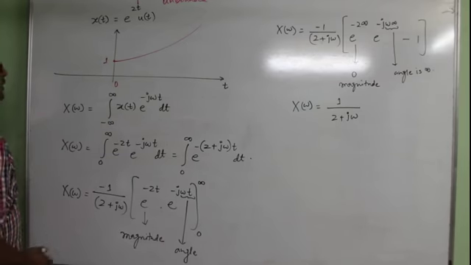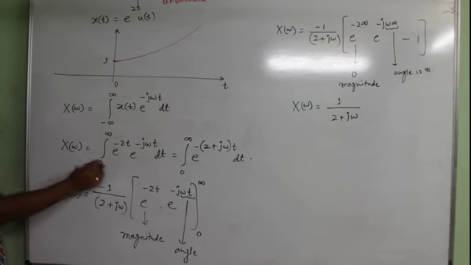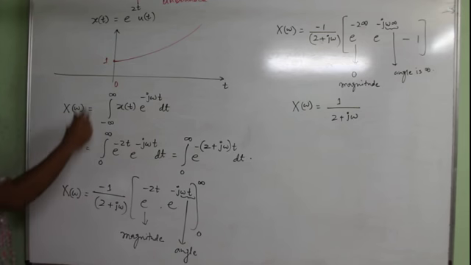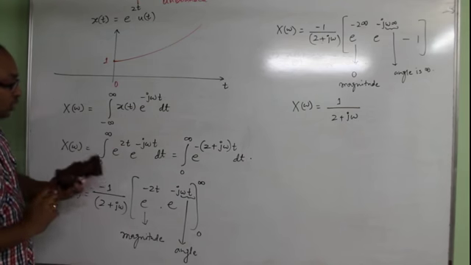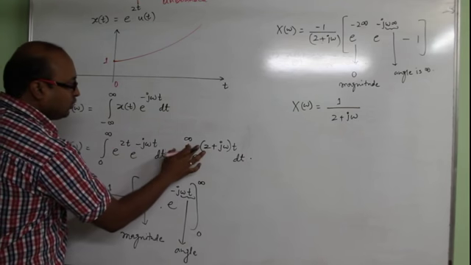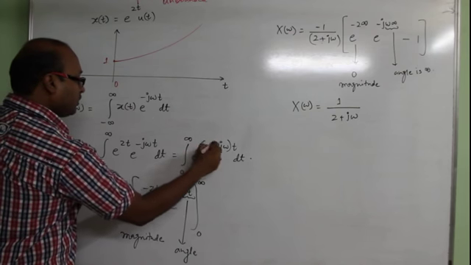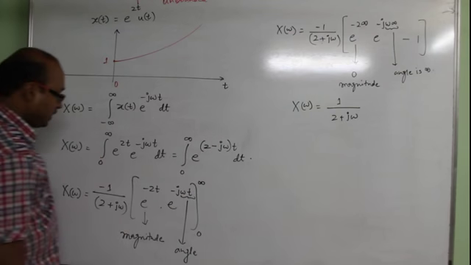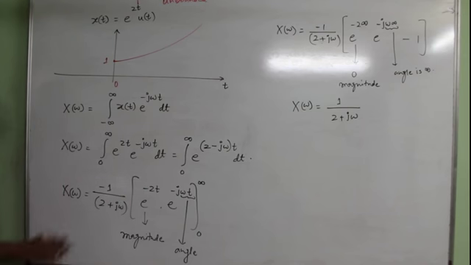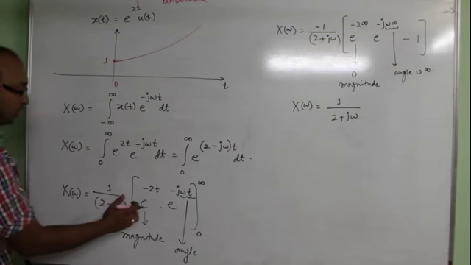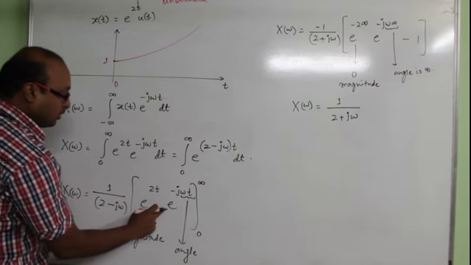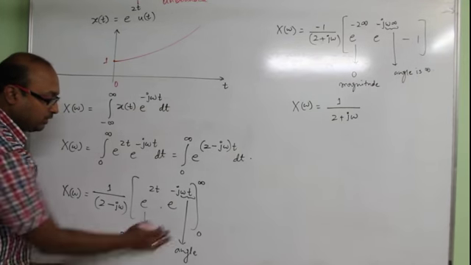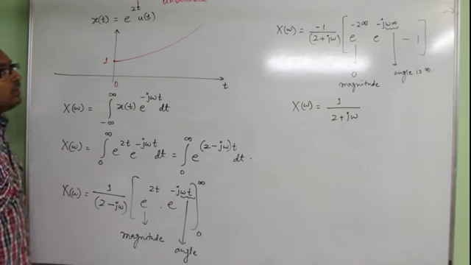Now, again it is a right-sided signal. We will substitute the value of the signal in the expression. Because it is a right-sided signal, the lower limit is 0. The signal is e to the power 2t, so this should be e to the power (2 minus j omega) t. If we integrate the signal, it becomes 1 upon 2 minus j omega, within brackets e to the power 2t into e to the power minus j omega t. The limits are lower limit 0, upper limit infinite.